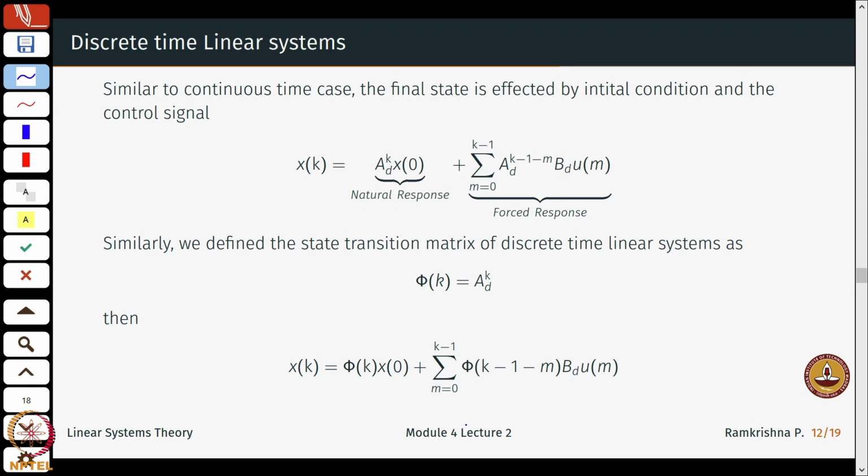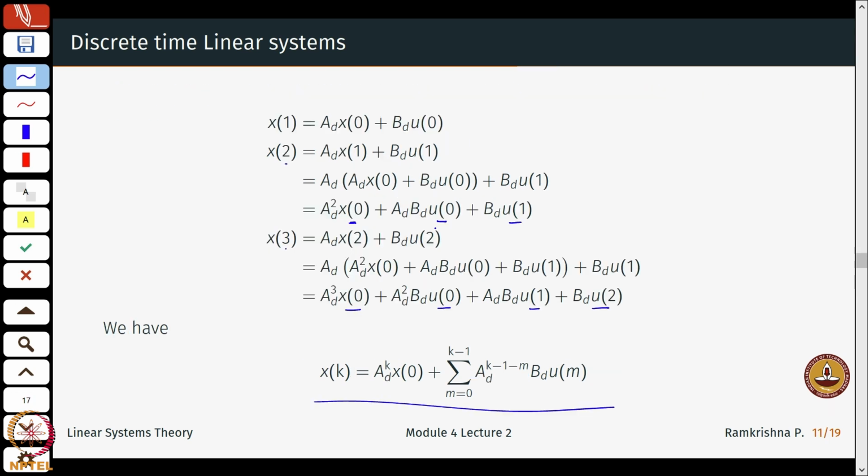Okay, as usual, similar to the continuous time case, these equations will also have a natural response and a forced response. So, if I look at it closely, if I just keep on doing this, for example, to begin with assume u equal to 0, I am left with an equation like this: x at k is A to the k, well, I just use the suffix k to denote that it is a discrete time system, x naught.